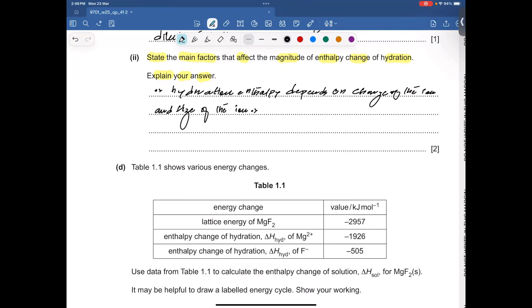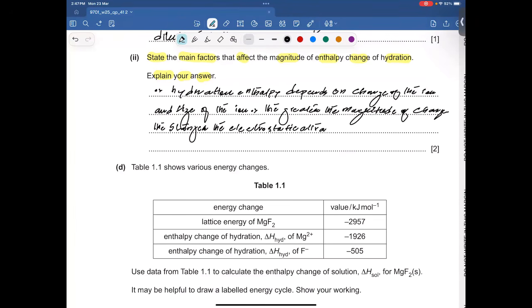So the greater the magnitude of charge, the stronger the electrostatic attraction between ion and water.